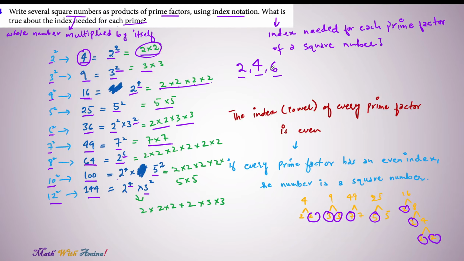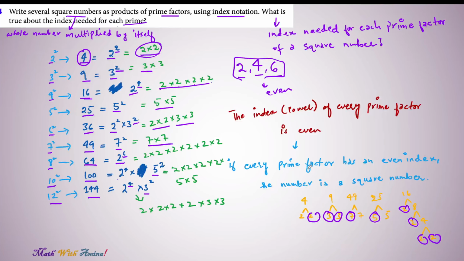So we can say that about the index needed for each prime factor of a square number, the index of every prime factor must be even, because these are even numbers, right? So the index or power of every prime factor is an even number. What information does it give?